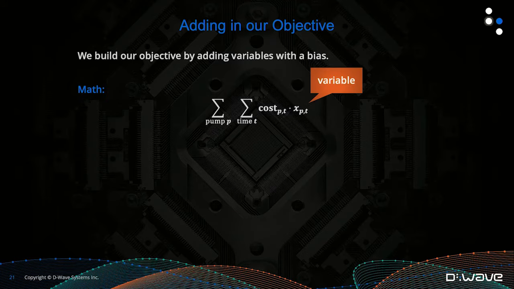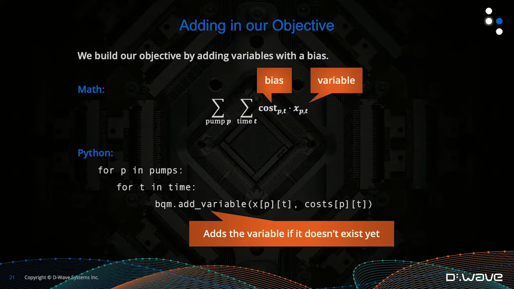So we have our variable, we have our bias, and in Python, we're going to just add a variable for each of these with the given bias. The Python form kind of matches the math form. So you have this summation; in Python, we have a for loop. First, we're going to sum over the pumps, so our first for loop is for p in pumps. The second summation is over the time slots, so our second for loop is for t in time.